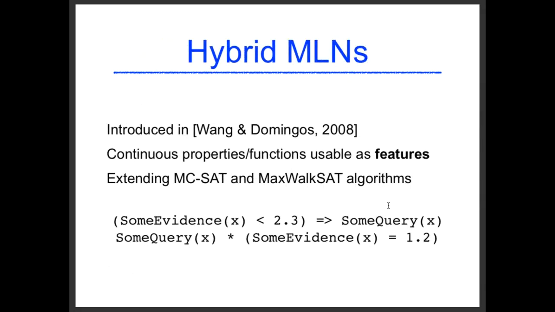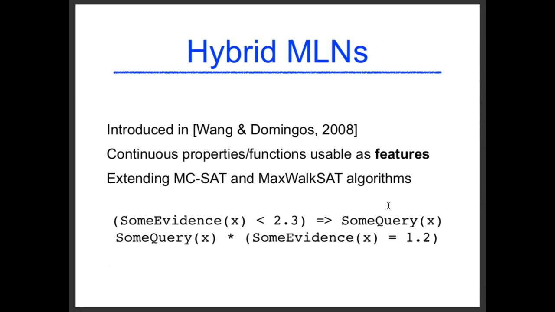Speaking only of those that I described, it's too late to go into this, but hybrid MLNs have been proposed to exploit, to some extent, a very limited extent, I have to say, some predicate that is continuous valued, real valued.